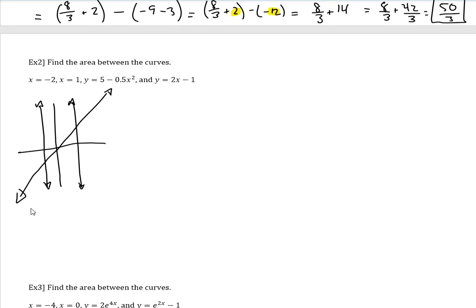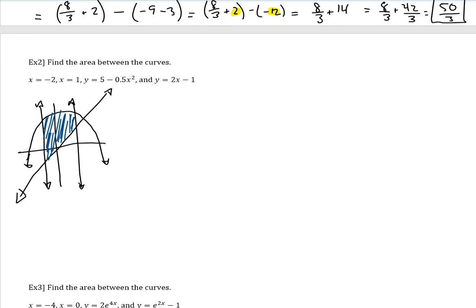Okay, so let's get our parabola in here so it looks something like that. It's a little tough with all this ink in the same color, but again, in between the vertical lines and then below the top function and above the bottom function is where I'm shading. So it looks something like that.